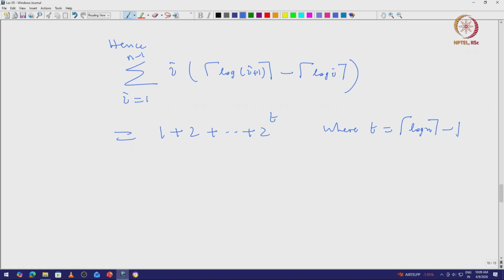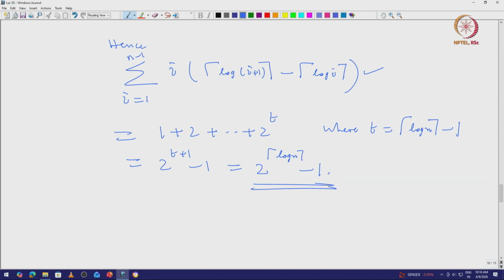This is the largest power, and this is equal to 2 power t plus 1 minus 1, a straightforward geometric sum of powers of 2, and t plus 1 is ceil log n. Therefore, this is 2 power ceil log n minus 1. Therefore, this sum has got a beautiful closed form, namely 2 power ceil log n minus 1.